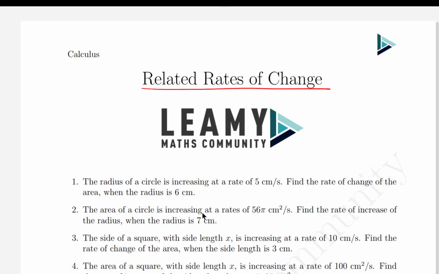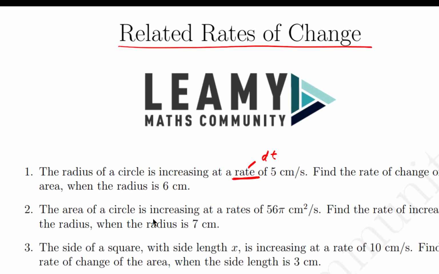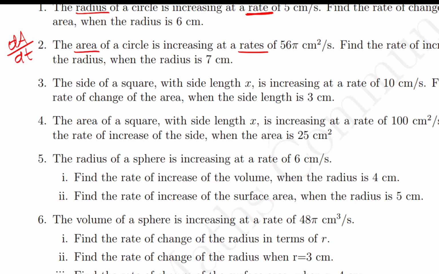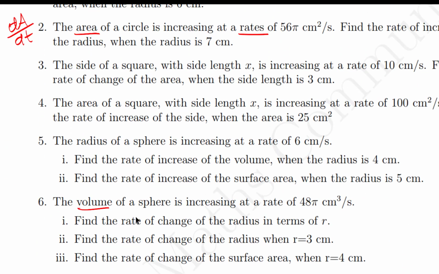Okay, the other thing that's very important here is that when you see the word rate, rate is always a dt. Rate generally has to do with time, like centimeters per second. So when you see the radius is changing at a rate, that would be dr/dt. If the area is changing at a rate, that would be dA/dt. If the volume is changing at a rate, that would be dV/dt.